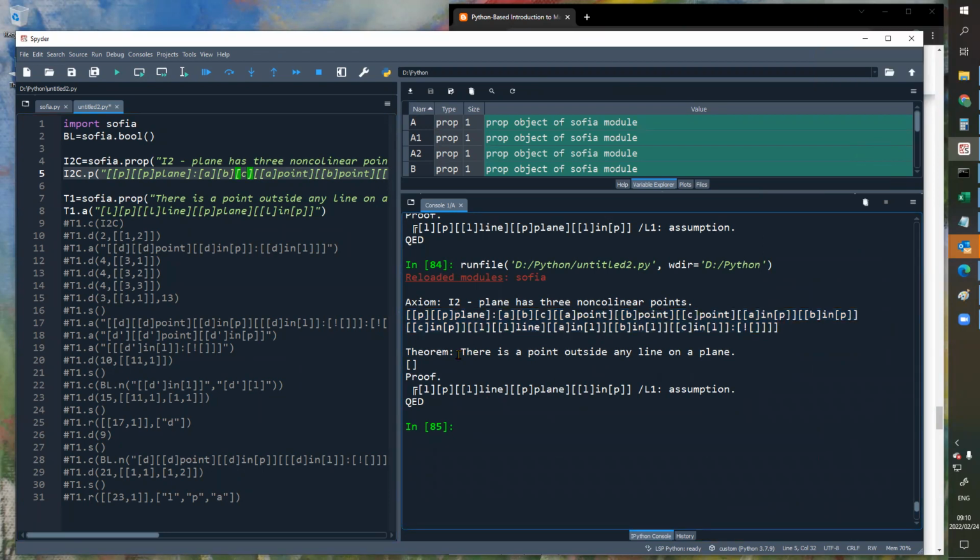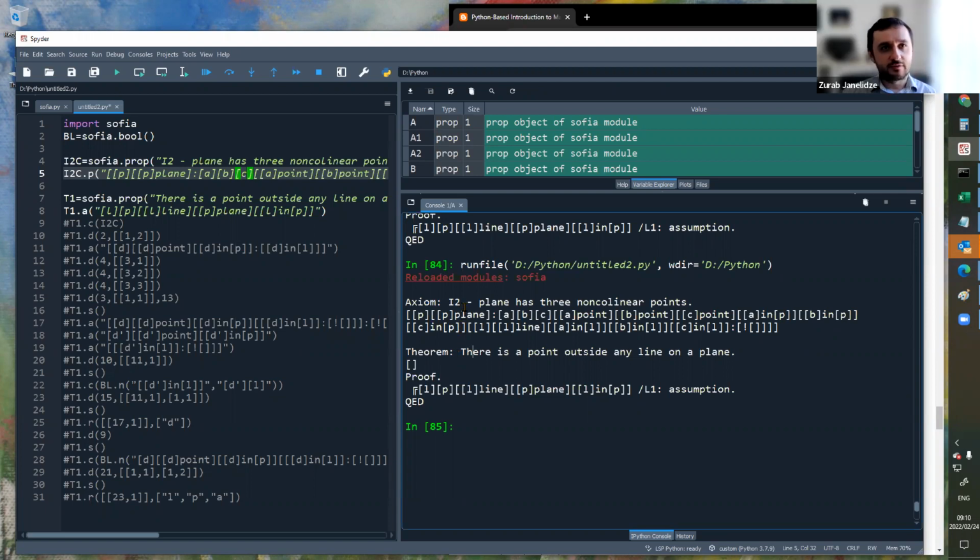Sorry, Zurab? Yes, please. Is it not kind of important that the points are distinct? So the reason why it's actually not important is that if they were not distinct, if 2 of them were equal to each other, we would actually be able to find the line passing through them. But remember, we are saying that the line cannot pass through them.